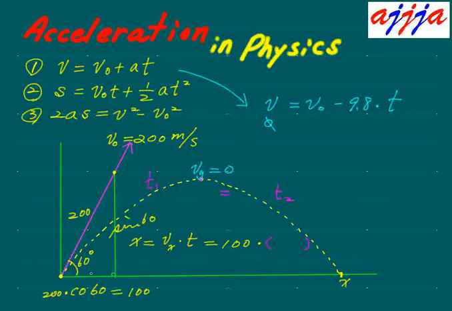Now the initial velocity for vertical is 200 times sine 60. Sine 60 means square root 3 over 2. That means 200 times square root 3 over 2, which is 100 times square root 3.